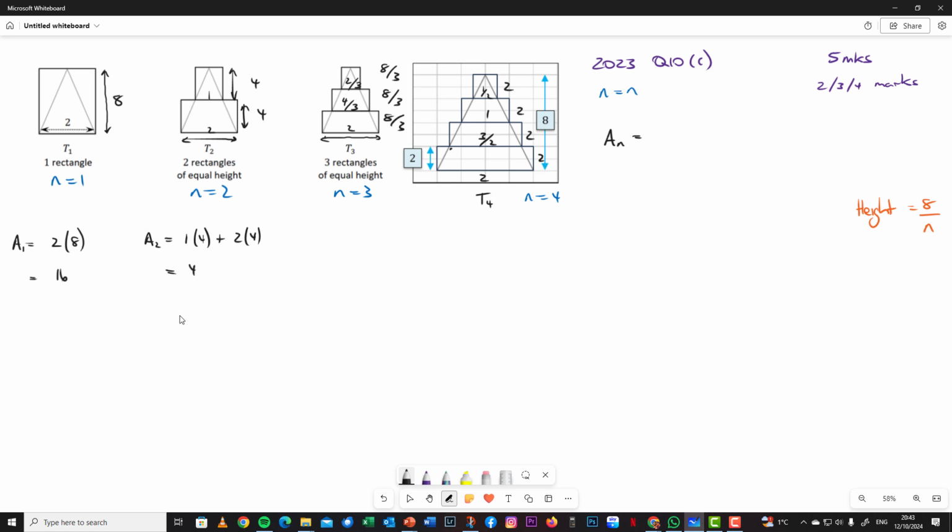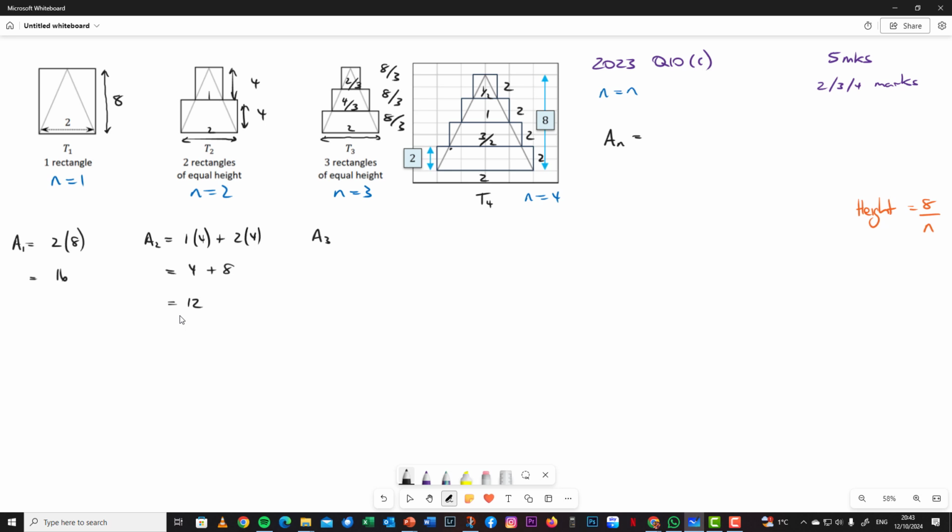So that's going to be 4 plus 8, which is 12. So it seems like the sum of the areas of the rectangles is something that's decreasing. As you add in more rectangles, the sum of the areas of those rectangles decreases. It goes from 16 to 12. It'll be interesting to see now, is the area linear? If it was, it'll be very easy to find a formula, but we'll see that it's not.